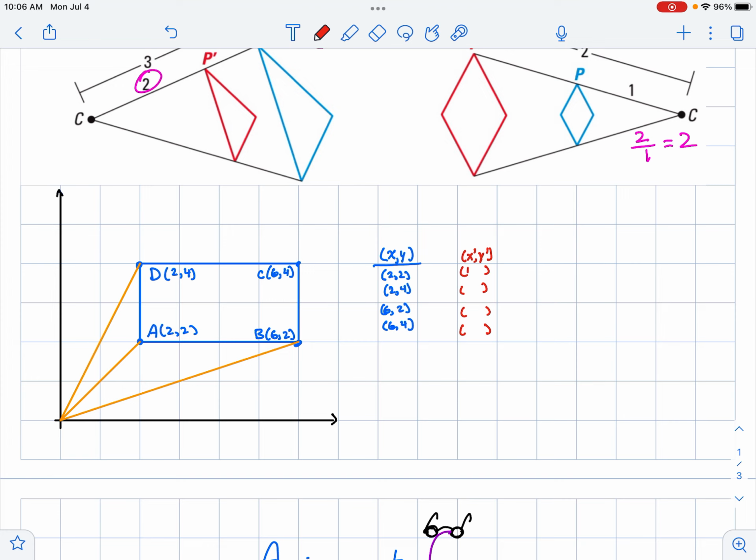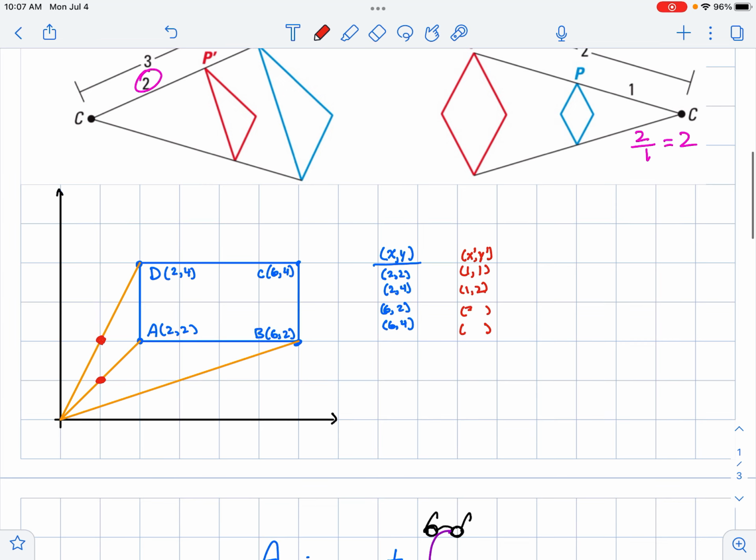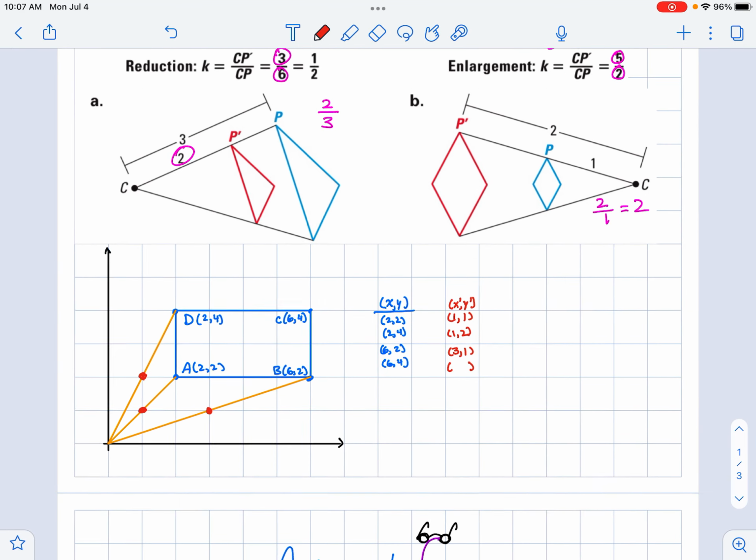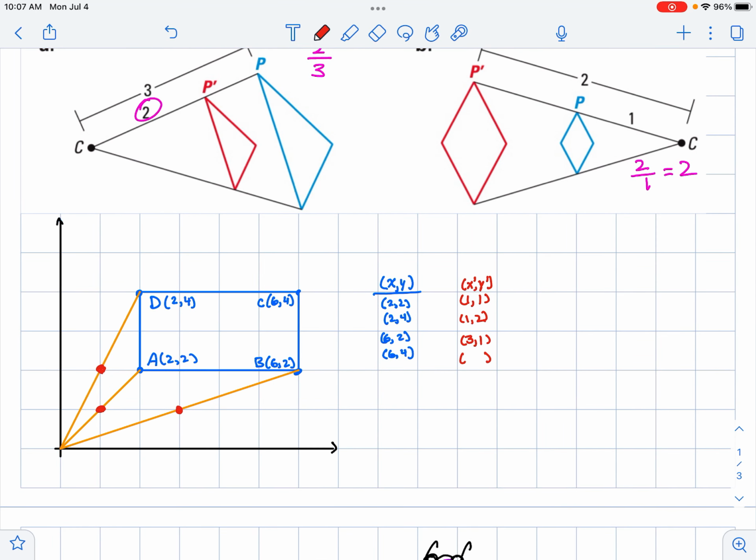So 2, 2 becomes 1, 1. Let me plot that here. 2, 4 becomes 1, 2. 6, 2 becomes 3, 1. And then 6, 4 becomes 3, 2.